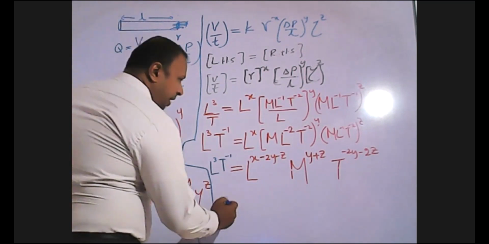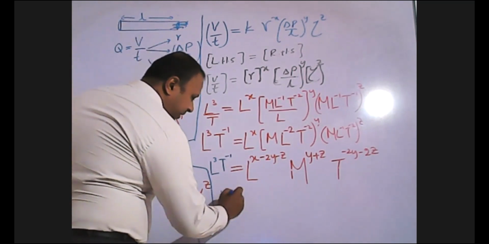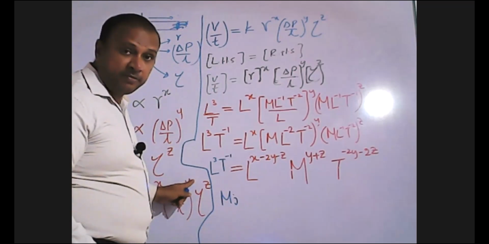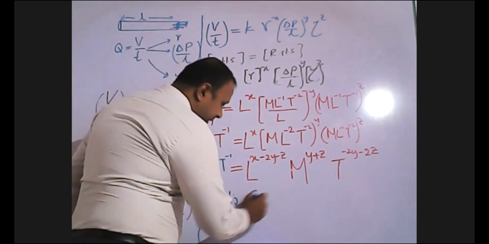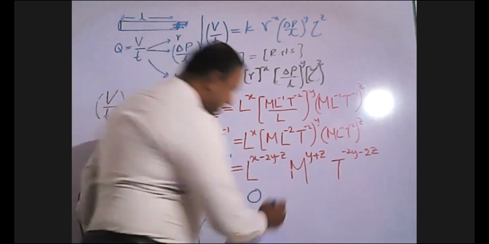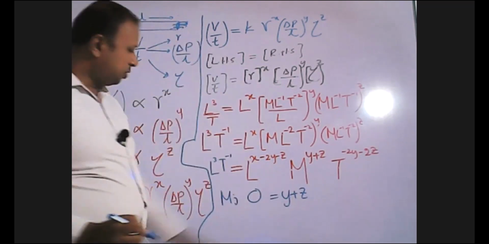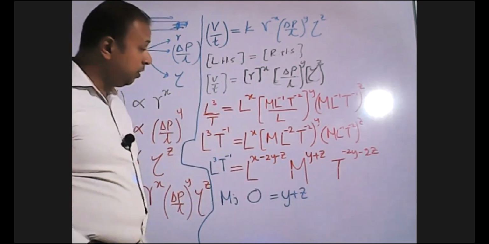If I equate the power of M, in LHS there is no M, so the power of M is 0. In RHS, the power of M is Y plus Z. So Y plus Z is equal to 0.